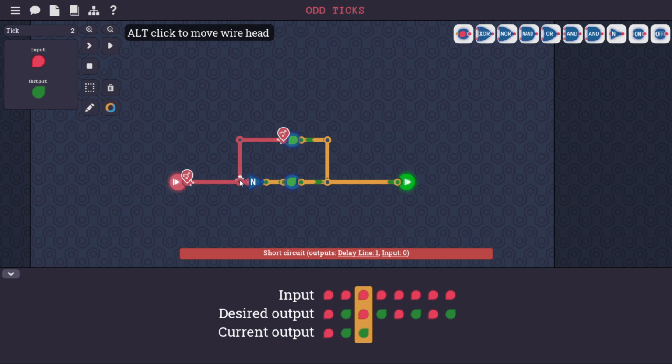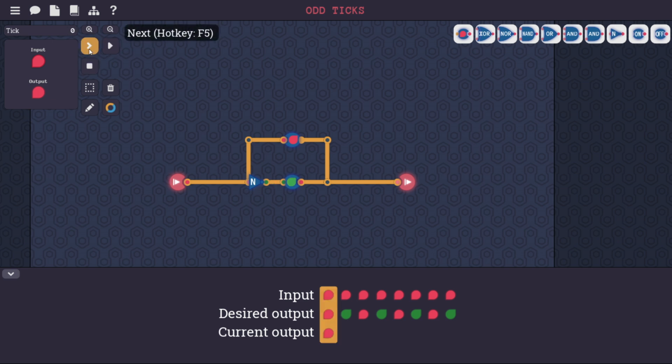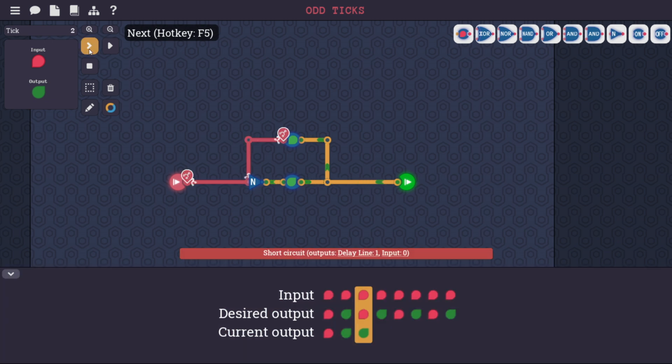Okay, that's tricky. This should go off, so how?